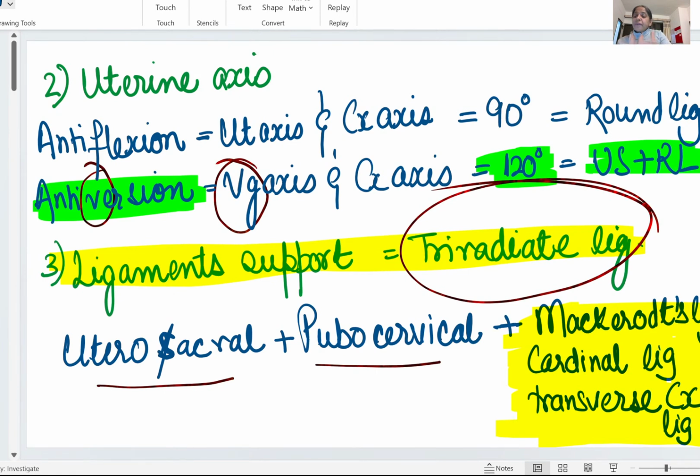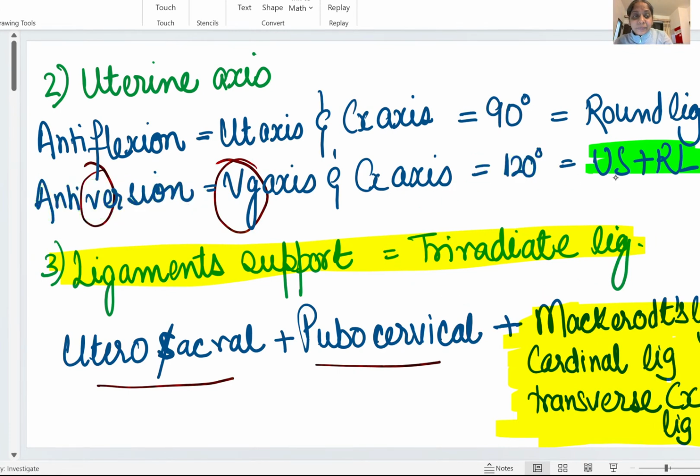But the uterus is not coming down. It means that it is a curved angle.